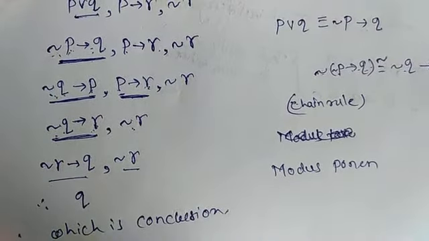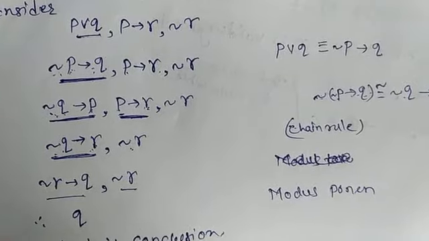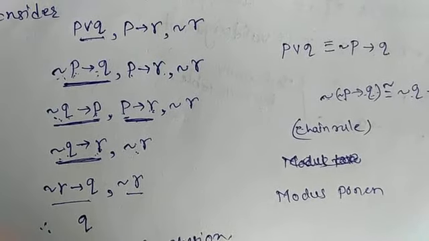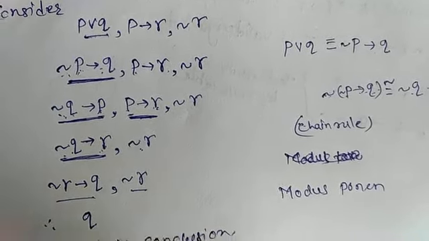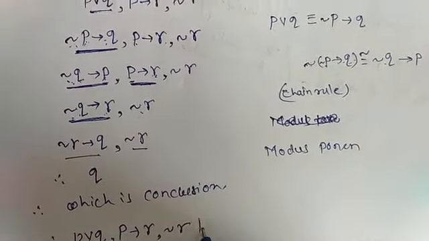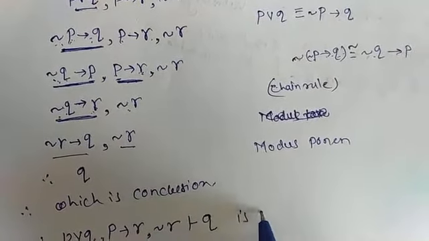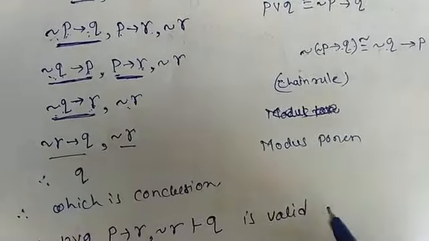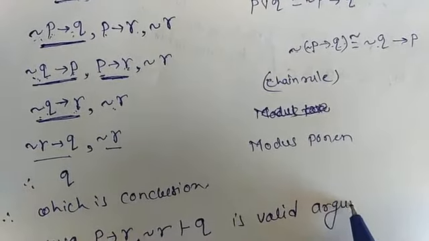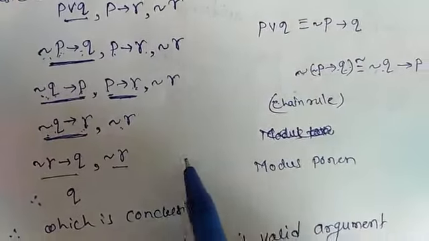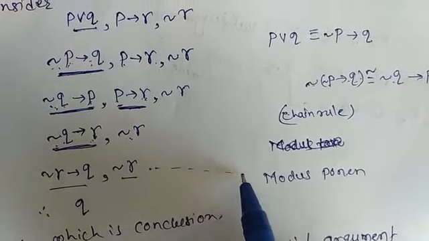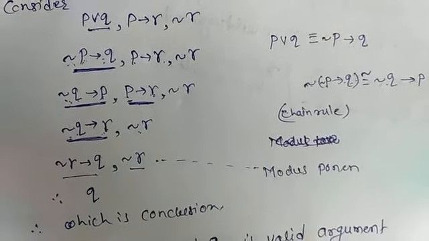Therefore the given argument is valid. That means P or Q, comma P implies R, comma negation R, conclude Q is a valid argument. So at this step we have used the Modus Tollens rule.